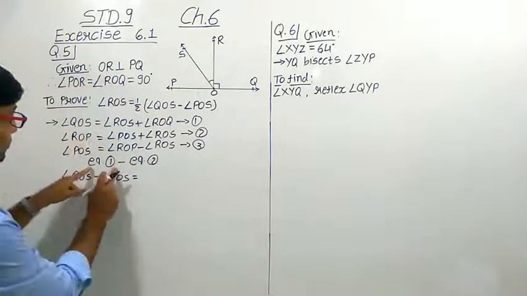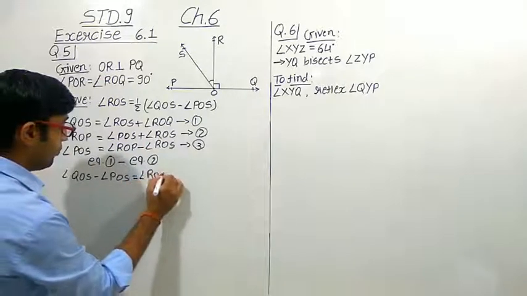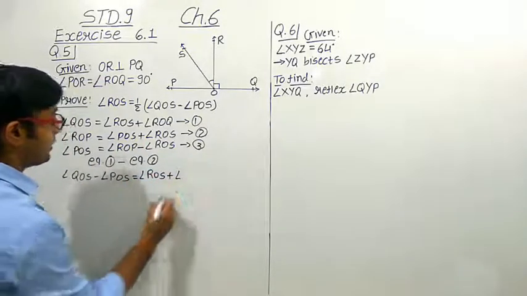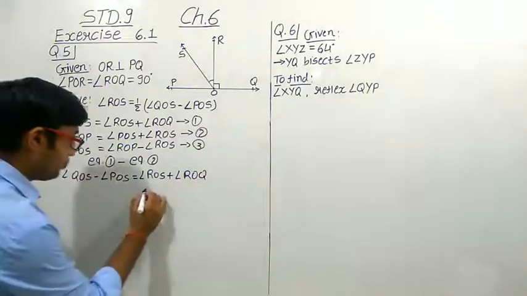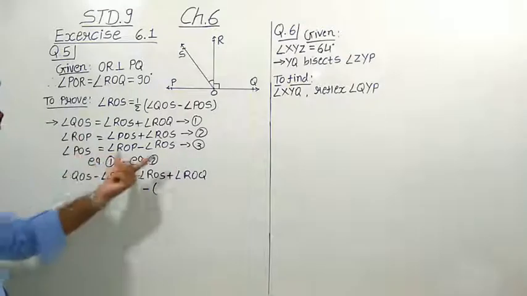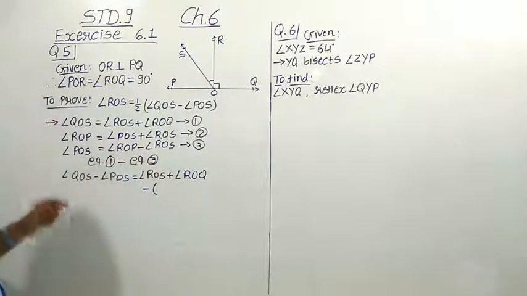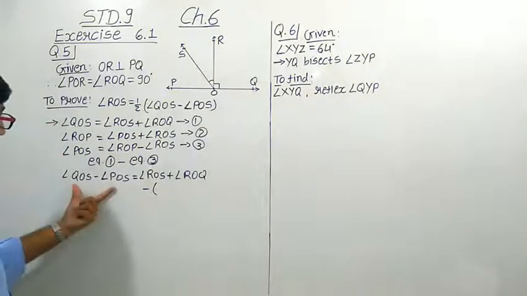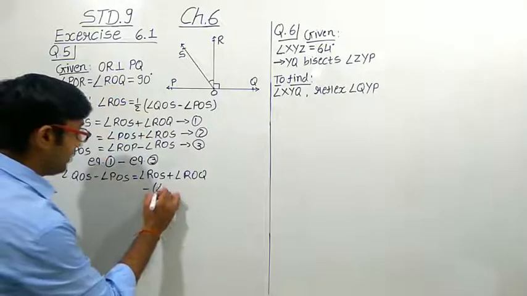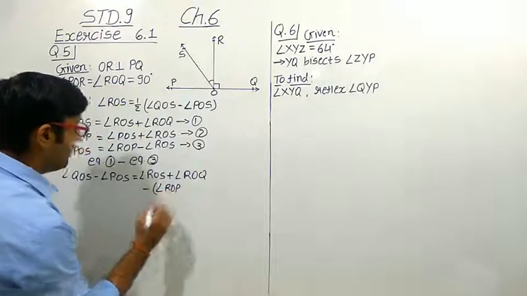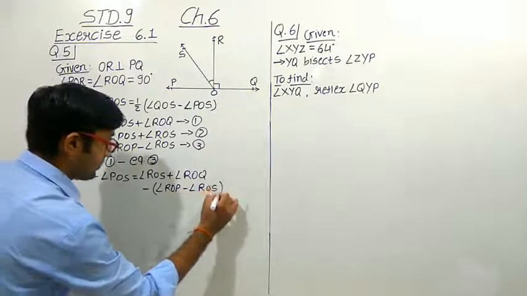So the left hand side values we have subtracted. Right hand side values we have to subtract here. First of all, write down equation number 1, that is angle ROS plus angle ROQ. Now we have to subtract equation number 3. So we are subtracting both left hand sides, now the right hand side. From this we have to subtract this. So here we can write down angle ROP minus angle ROS.